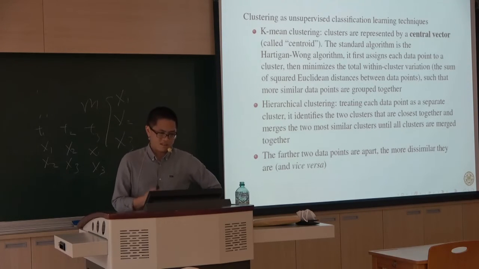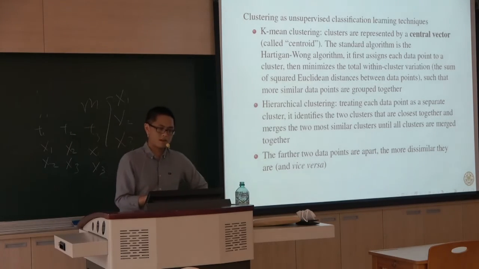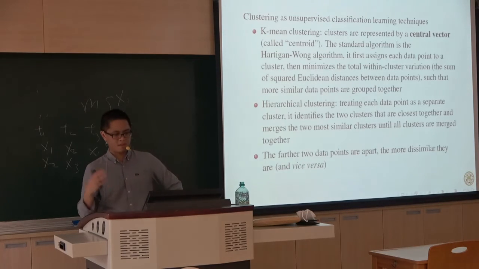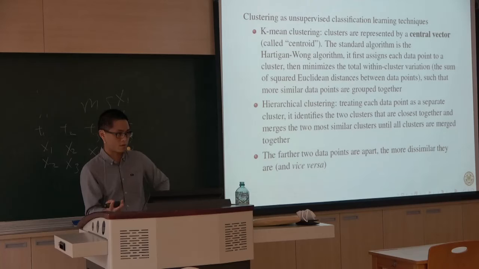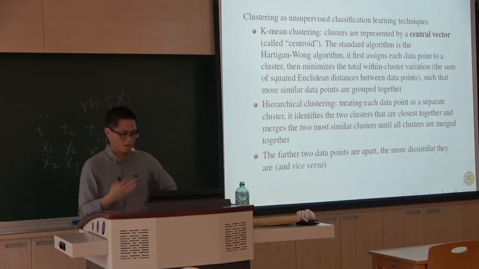Okay, so now clustering is unsupervised because it does not provide clear labels. It is an unsupervised classification learning technique, a machine learning technique. They have the following variants. K-means clustering is represented by centroids. The standard algorithm we currently use is the Hartigan-Wong algorithm.